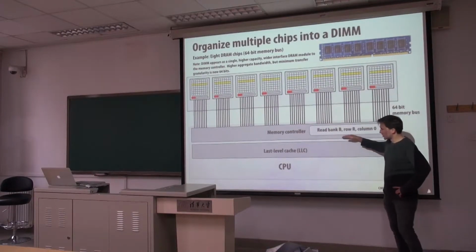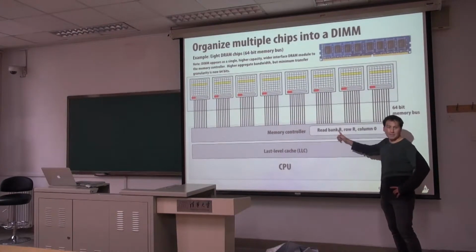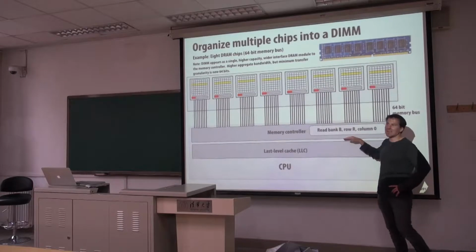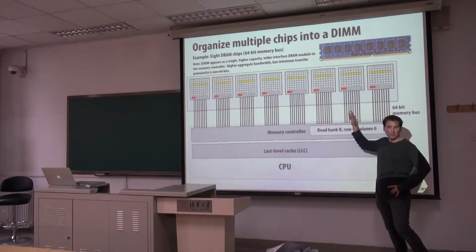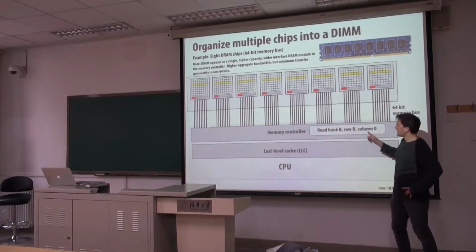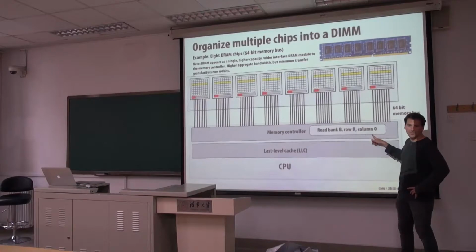The memory controller communicates with the DIMM and sends commands that say, read bank B, row R, column 0. The memory controller does not say, I want address 0x blah blah blah. It says, I want the data in bank B, row R, column 0.